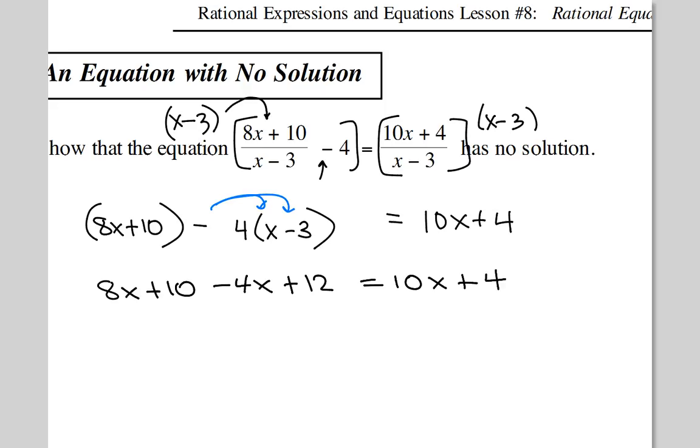Now it's pretty safe to just collect like terms. How many x's on the left after 8 minus 4 and 10 plus 12? That's easy. Now what do you want to do here? x's on the left or the right? Let's put x's on the right. 10 minus 4 and 22 minus 4.